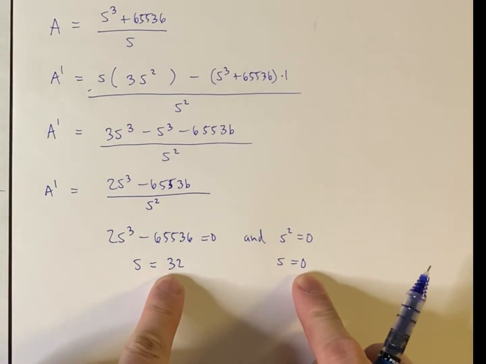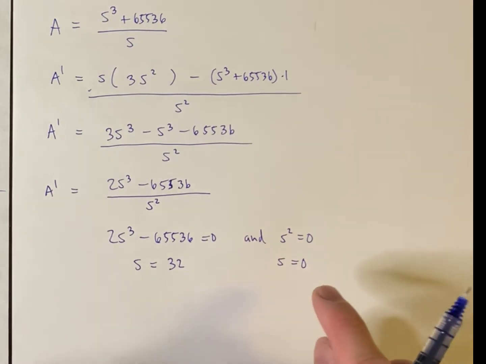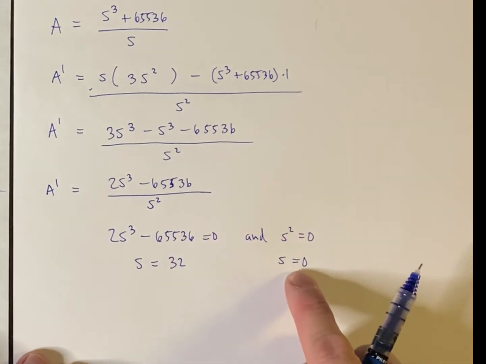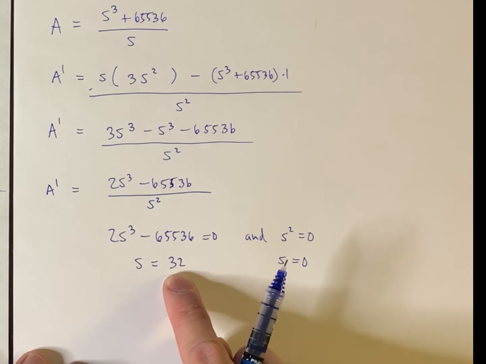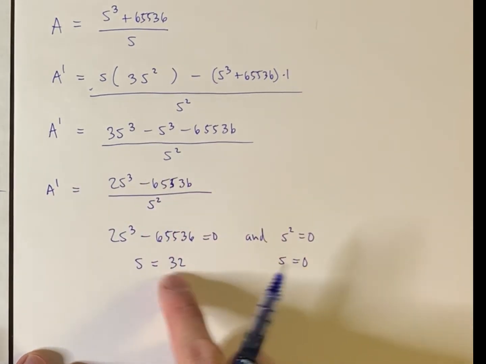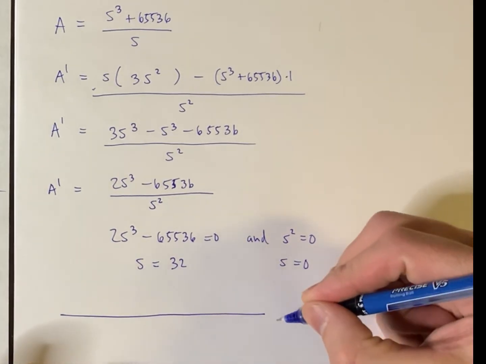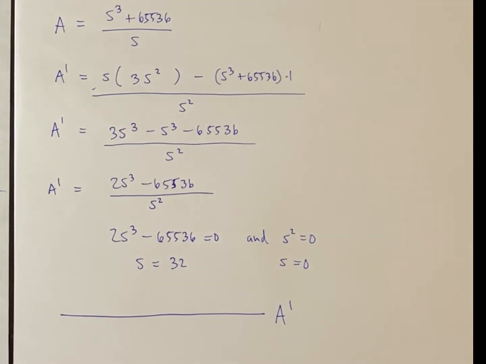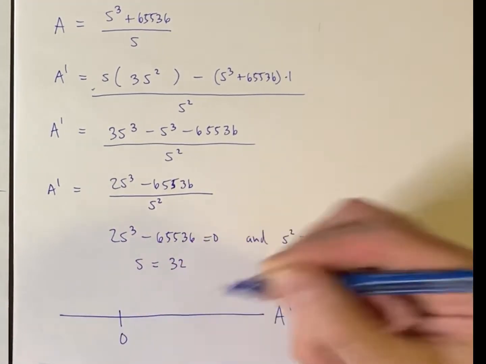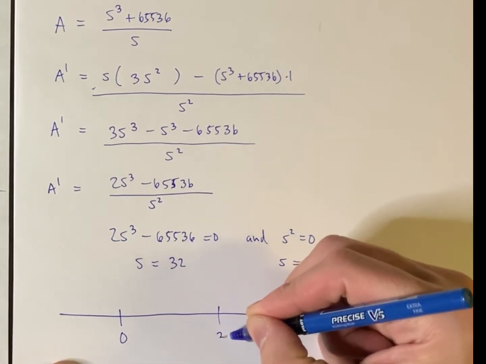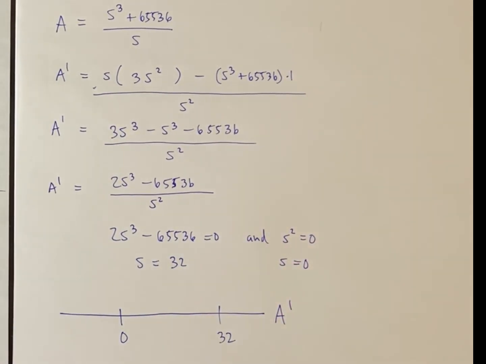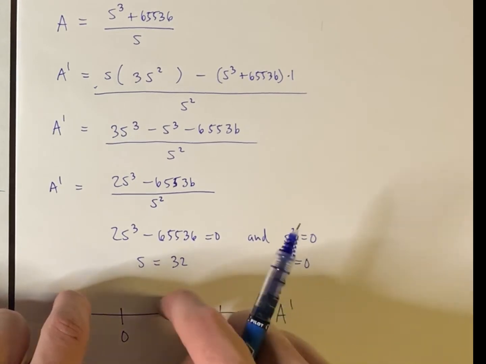These are the critical points of F. They are the undefined value and the 0 value of the first derivative. And what you do with these critical points is you go to a number line that represents A prime, and you make some cuts at those locations.